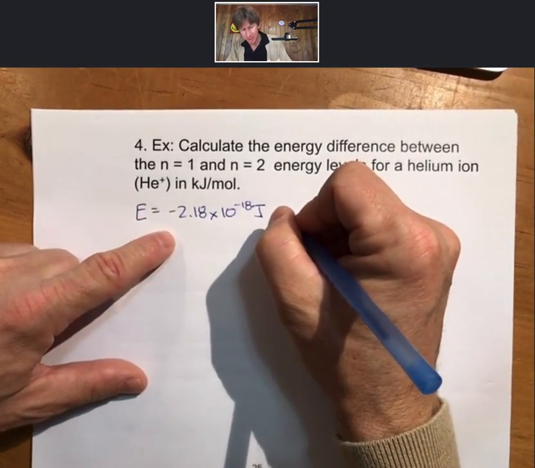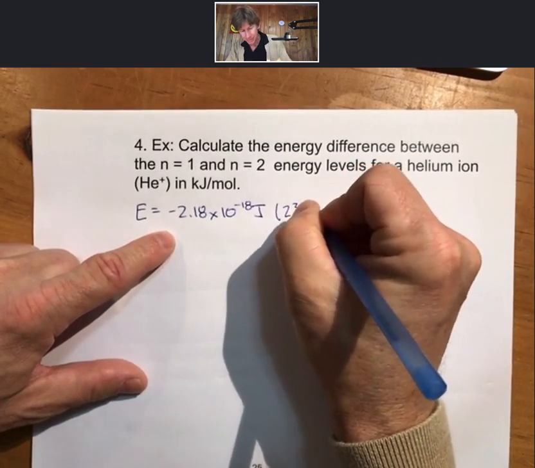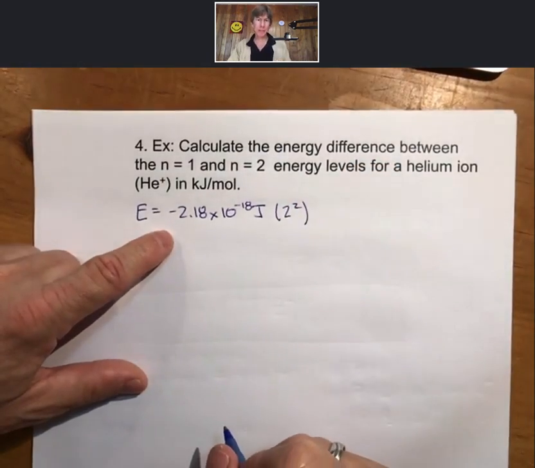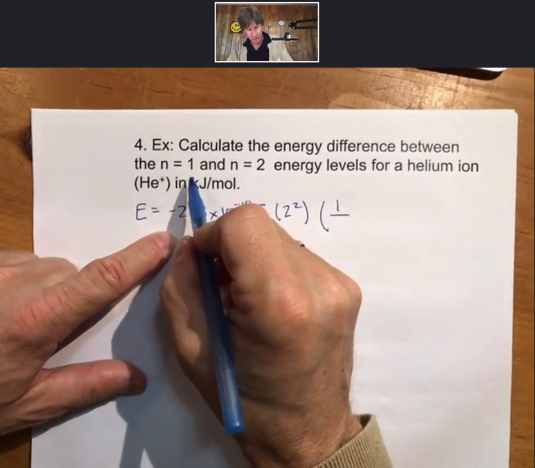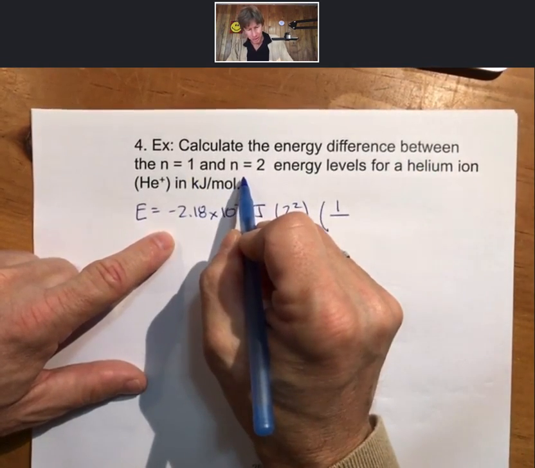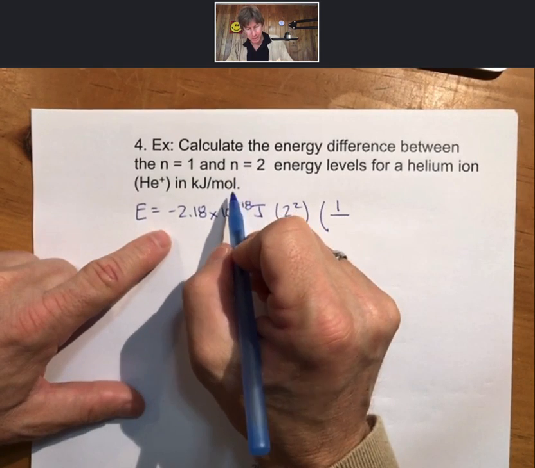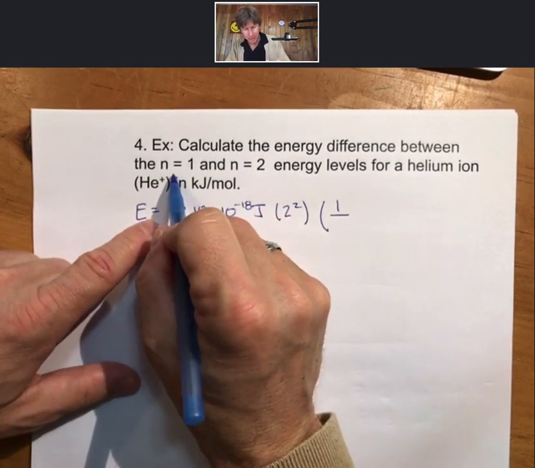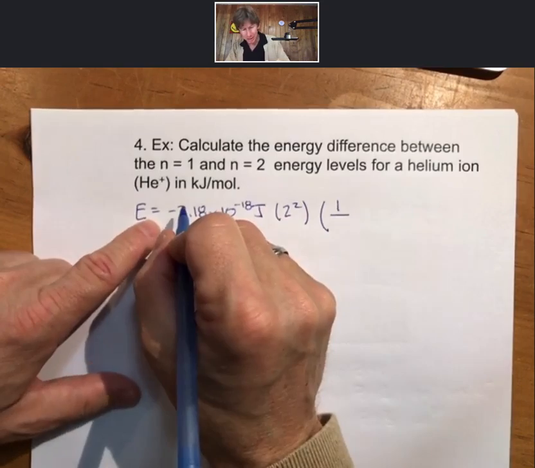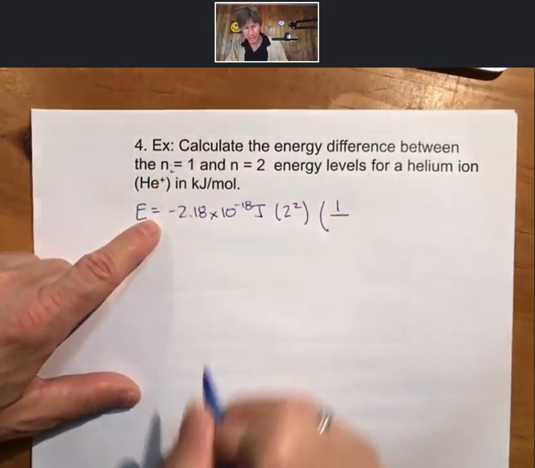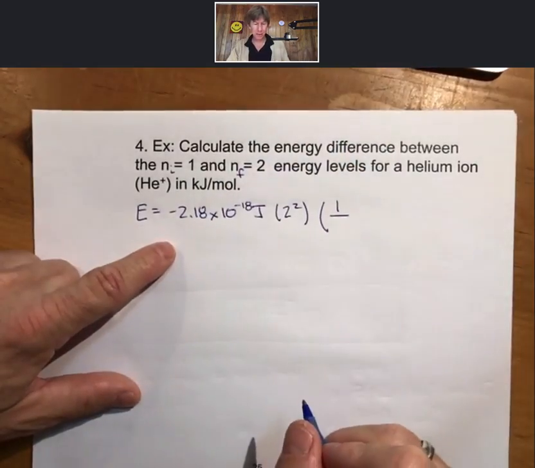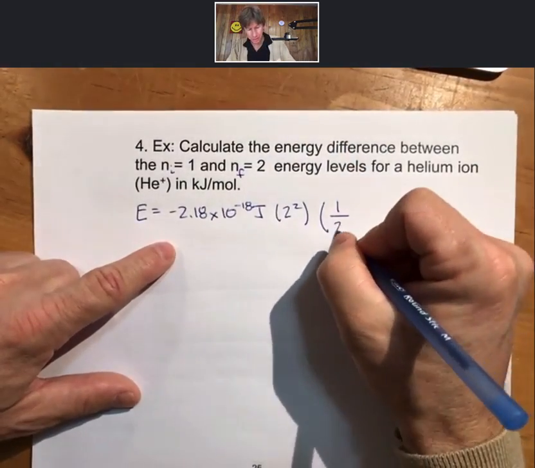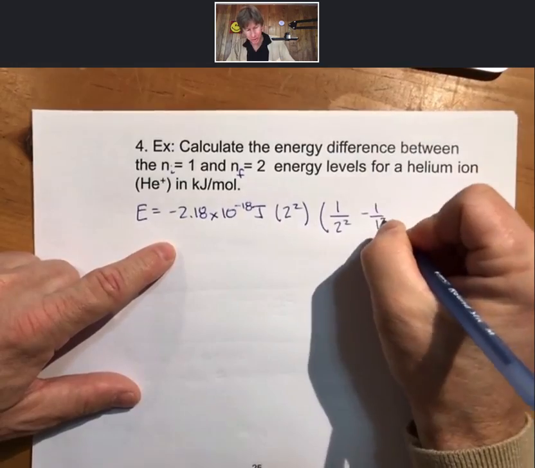However, Z is going to be 2, and we end up with Z squared, or 2 squared. So we're going to assume that we go from n initial equals 1 to n final equals 2. So 1 over 2 squared minus 1 over 1 squared.